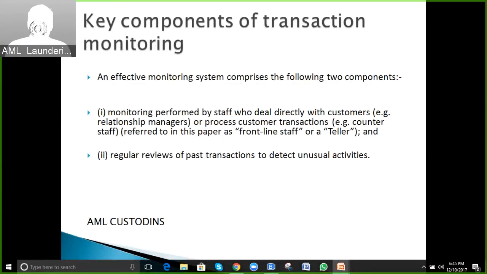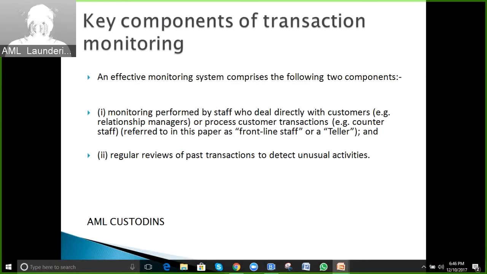Okay, here we are. So the key components of transaction monitoring, as we already discussed: the transaction monitoring system comprises two components. First, monitoring performed by staff who directly deal with customers, for example, a relationship manager or a teller, or frontline staff who interact with the customer, know his profile and know his transaction behavior.